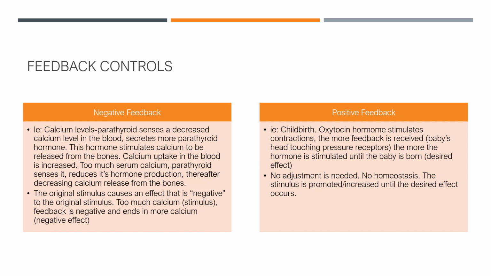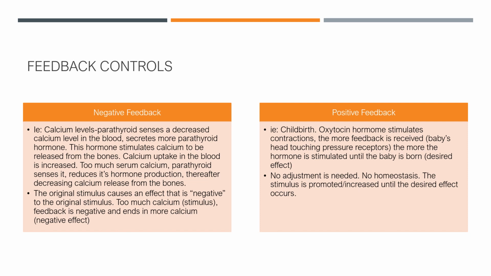I'm sure you guys have all heard of feedback loops. We have negative feedback loops and positive feedback loops. A negative feedback loop is one that is trying to maintain homeostasis. It is where the original stimulus causes an effect that is negative to the original stimulus. It's a flip-flop.